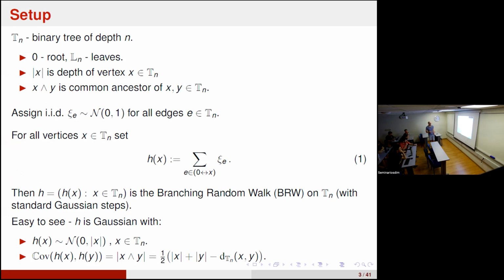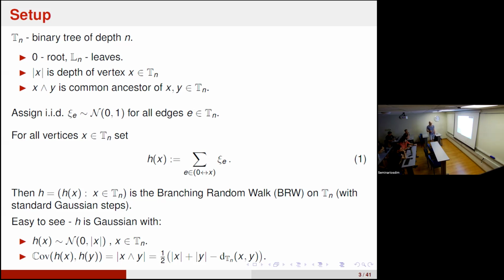Given a vertex anywhere, the value of h on that vertex is just the sum along the path from the root to x of these edges.